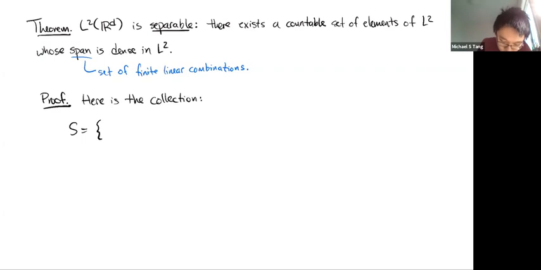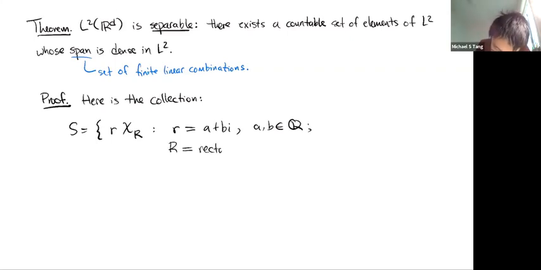So we're going to have r times chi sub big R, where r is going to be a complex number whose real and imaginary parts are both rational, and R is going to be a rectangle whose coordinates are rational.